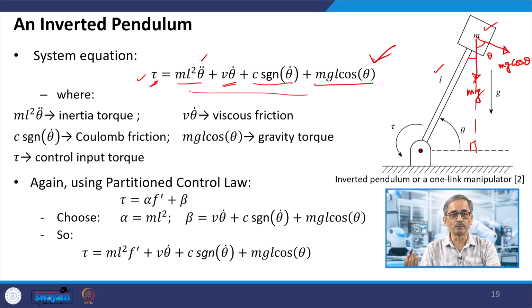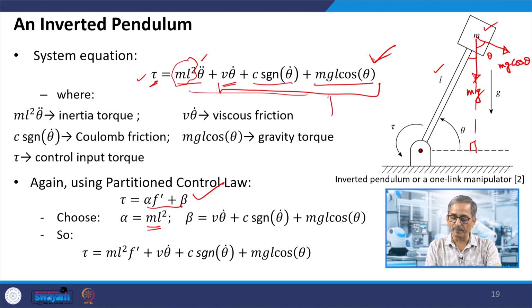To control this one, again we can have the partitioned control law, alpha f dash plus beta. Here alpha is going to be equal to the coefficient of theta double dot, so I can take alpha as ml square, and the rest of the portion will form my beta.